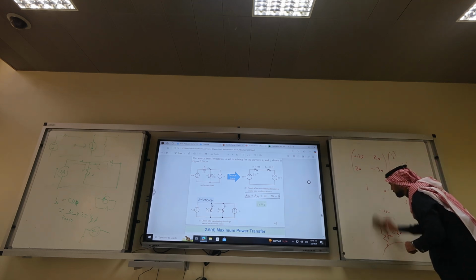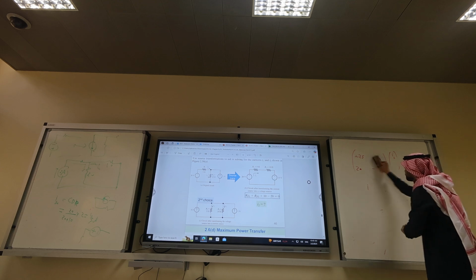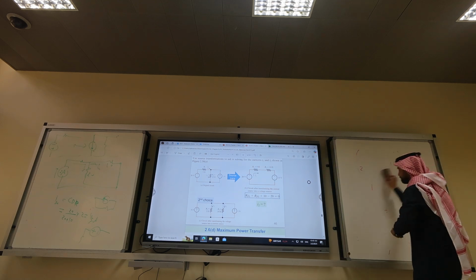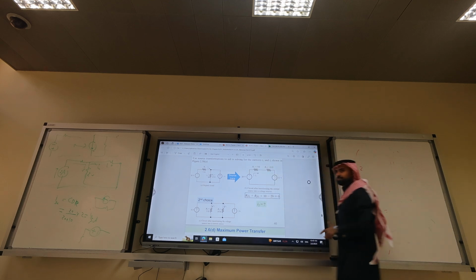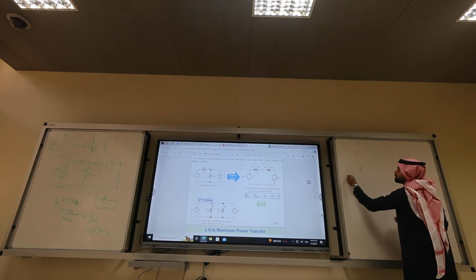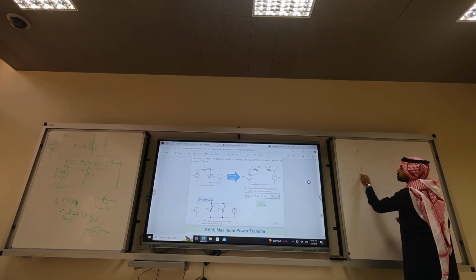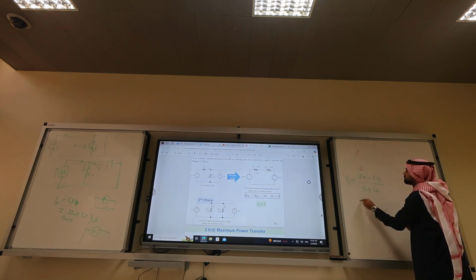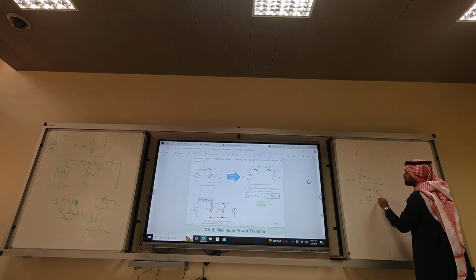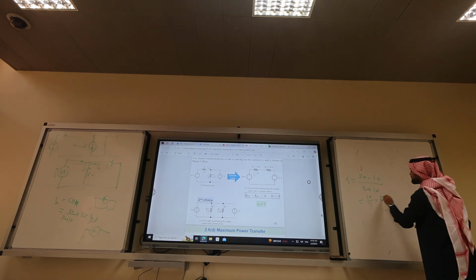Remember the node voltage formula? V1 minus V2 over R. So I1 equals 20 minus 10 over 5 plus 10, which is 10 over 15, which is 0.67.